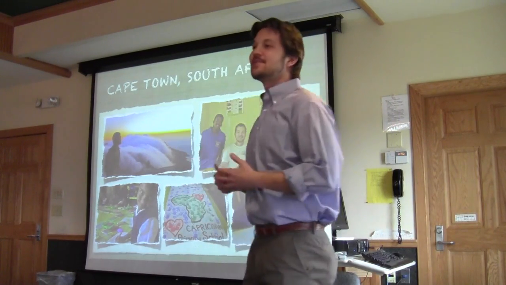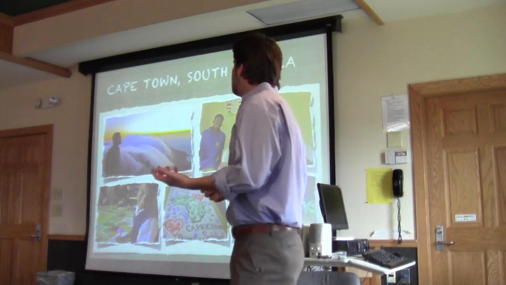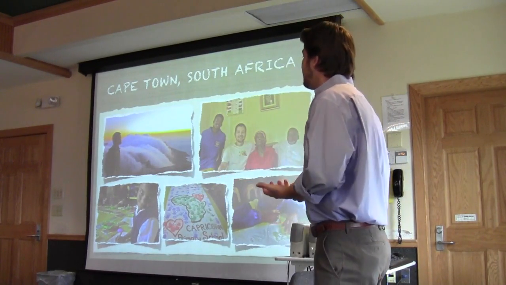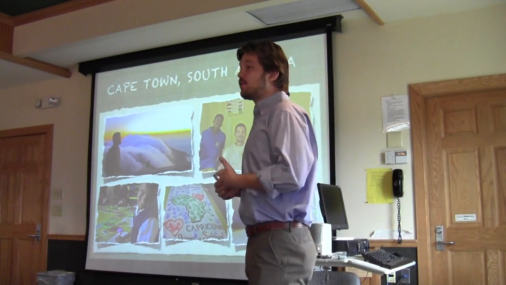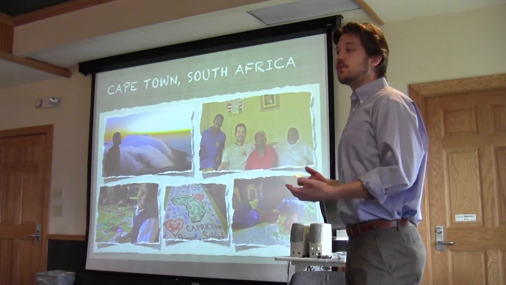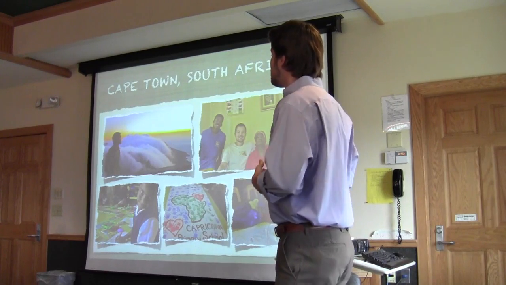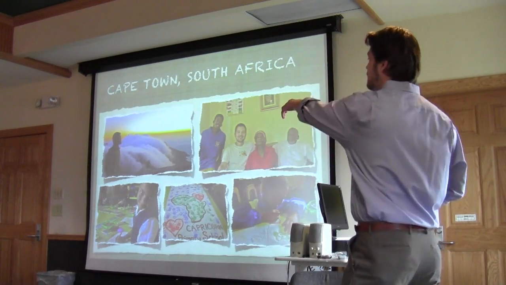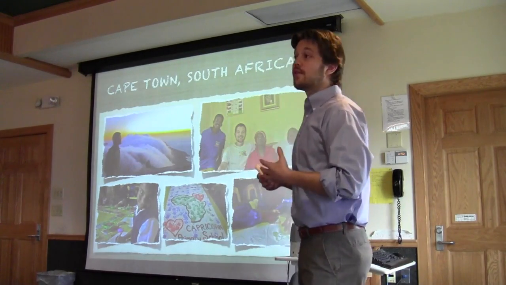So the structural racism that continues today here, it continues in South Africa. And this social identity based largely on the color of one's skin is very similar to what it is here in the U.S. So that struck me. Another thing was just its beauty. This is on top of Table Mountain, right in the heart of Cape Town.